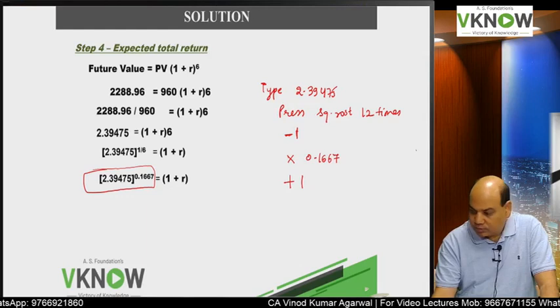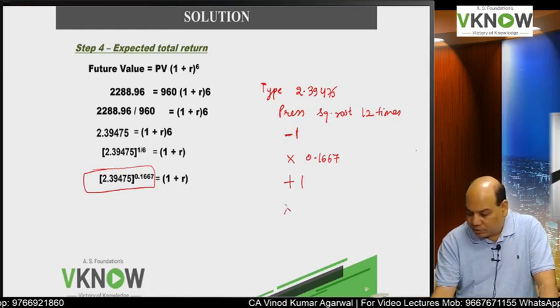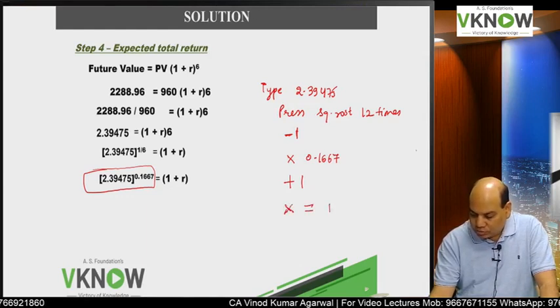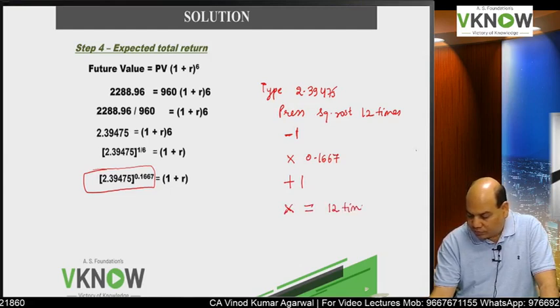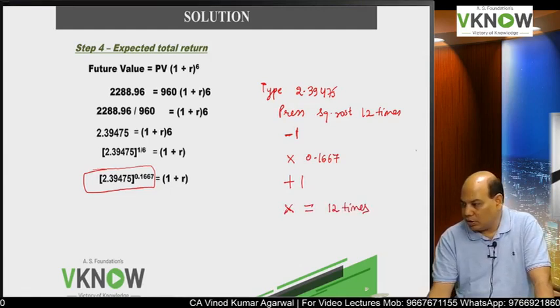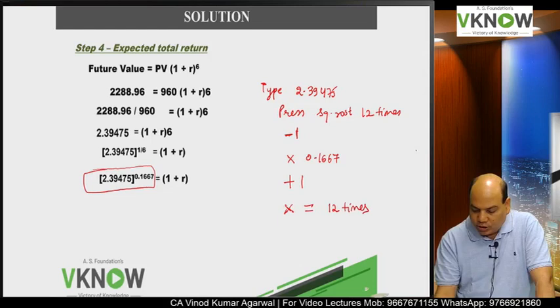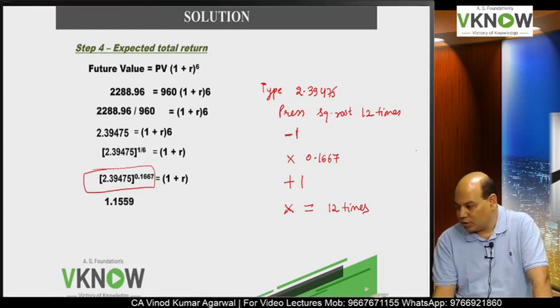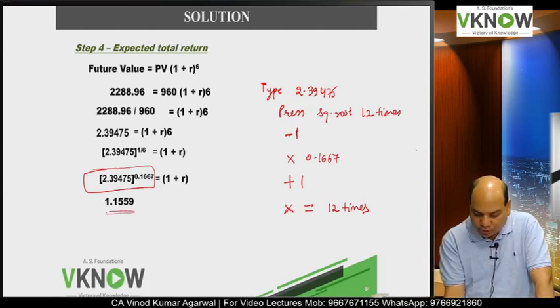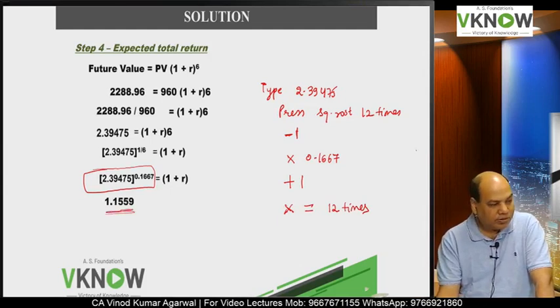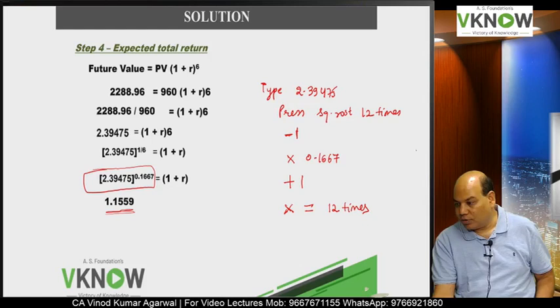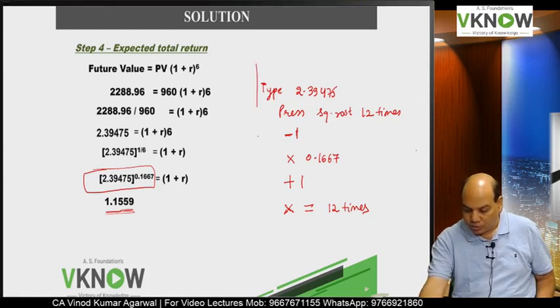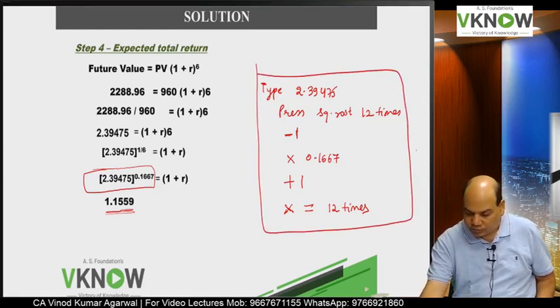Press plus 1. Press multiply equal to 12 times. You will get the factor 1.1559 on your calculator, approximately. Just please check, are you getting 1.1559 by following this procedure?